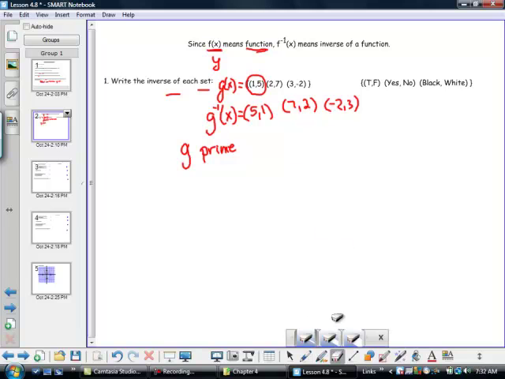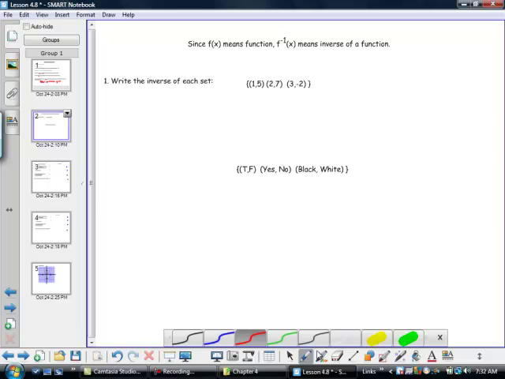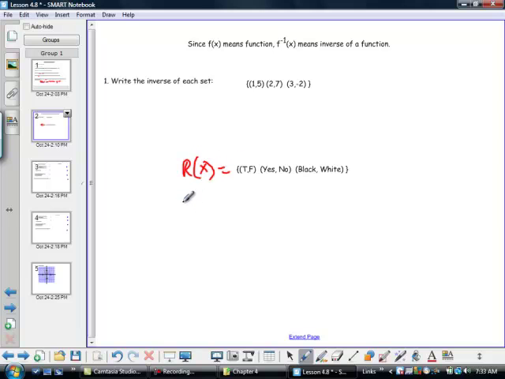Okay, let's do this one over here. Let's pull this down over here. And what do you want to call this? Let's call this function R. So if I asked you to do R prime, your little hamster in your head would go, oh, R prime. Prime means inverse.